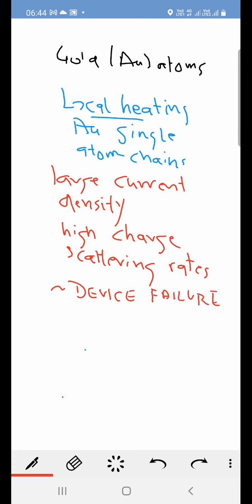So there are two things. First of all, since there are gold atoms, there is high current density, and since we are applying local heating, it may cause the atoms to align together, but it is also causing high scattering rates.